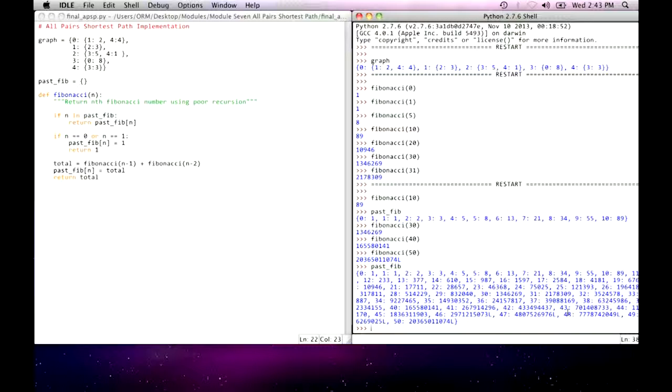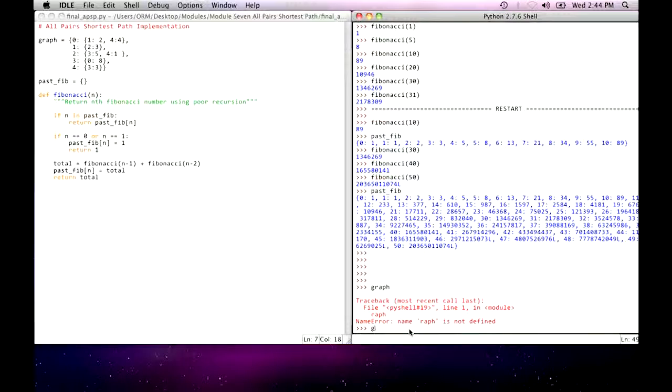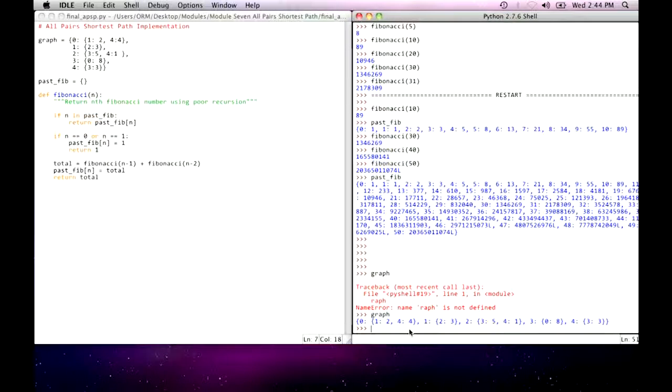So let's get started. I'm going to start with a graph, and since this module is intended to be standalone, I'm using a very simple structure of recording that graph. In this case, the graph is itself going to be a dictionary where I have a set of vertices, and for each one, I'm going to record the edge and the weight that's associated with the edge.